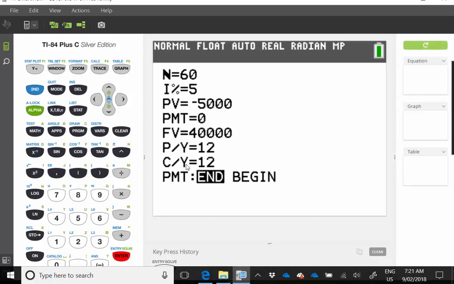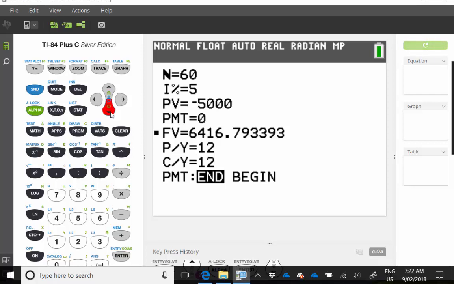Notice the compound per year also changes, though that can be different if you want to type in a different period. Then all we do is go up to future value and press our alpha button, and that will work out what that investment is going to grow to. That's basically $6,400, so we're going to get about $1,400 worth of interest added onto the account.